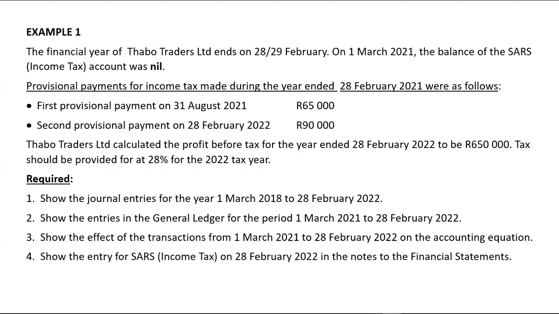You will simply take this profit before tax of 650,000 and multiply it by the tax rate of 28%.